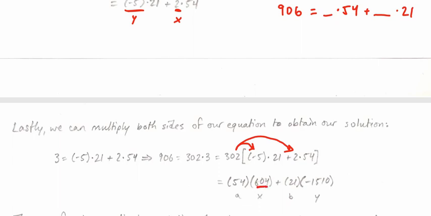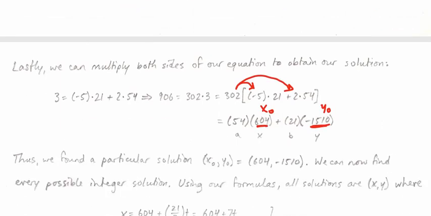So this 604 and that -1510, that is my particular solution. This is my x naught, and this guy right here is my y naught. These are the guys that we're going to use in the formula to come up with all integer solutions to this particular linear Diophantine equation.